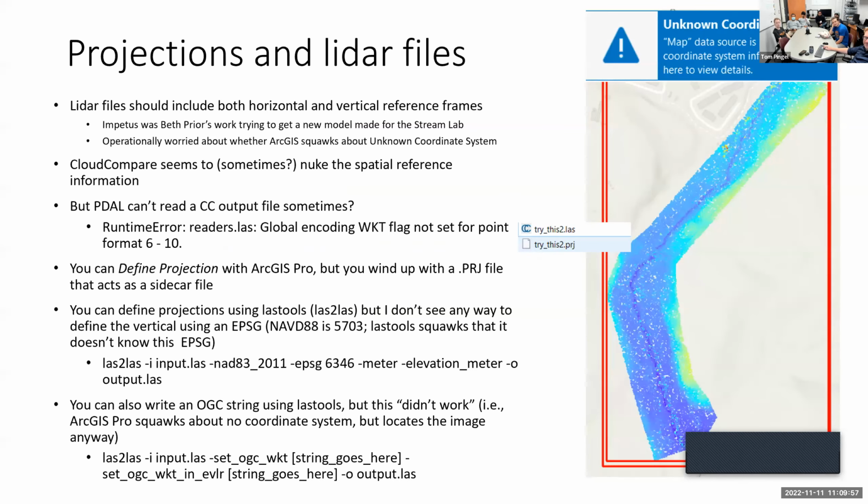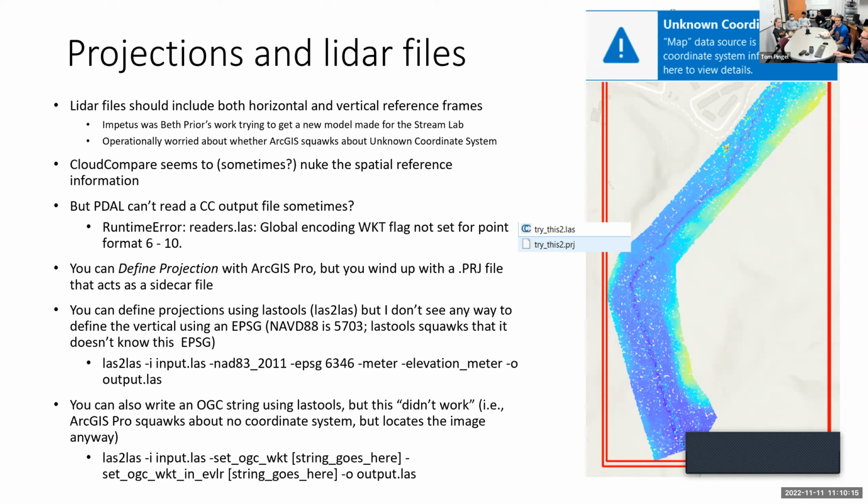And then Beth Pryor had contacted me. She's trying to get some LiDAR data from their helicopter from Strubles Creek published. She spent a lot of time on that, especially last summer, I think.